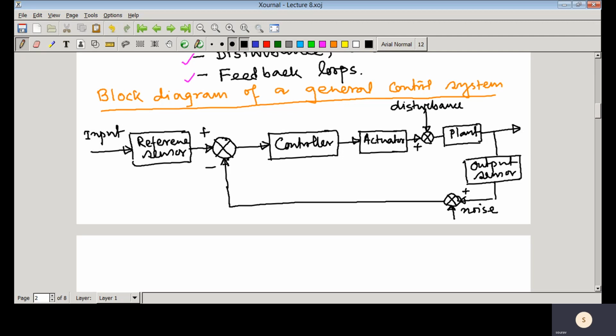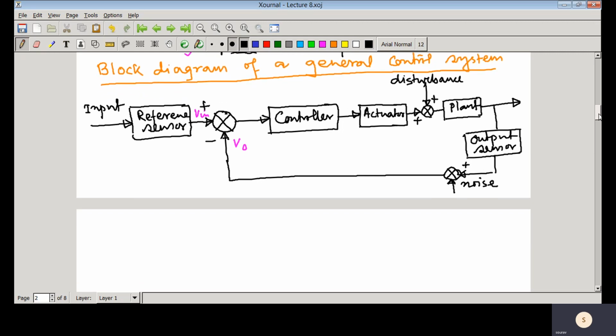Here suppose this signal is V in and this is VO, and here you can see the various blocks involved in a standard closed loop control system, and this is the general block diagram of a feedback closed loop control system.